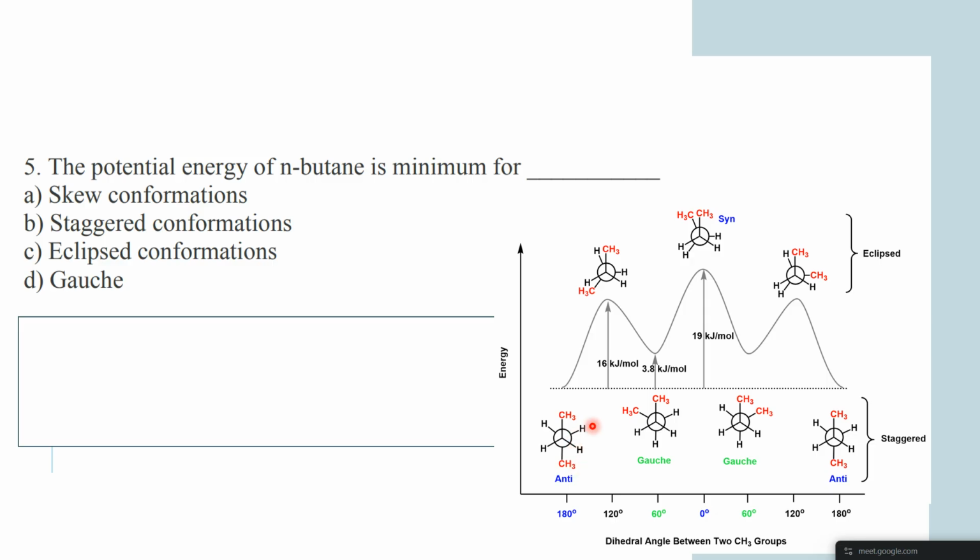So in this case, there is no steric hindrance present between the methyl groups. Hence, it will be at the lowest energy value of this energy profile diagram, which is drawn between energy versus dihedral angle between two methyl groups. And after rotating this staggered N-butane molecule by 60 degrees, we are going to arrive at this gauche kind of conformation.